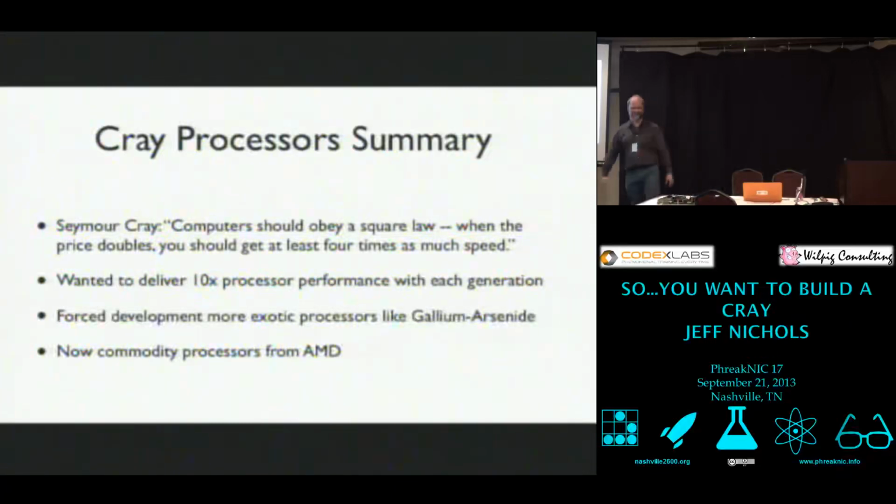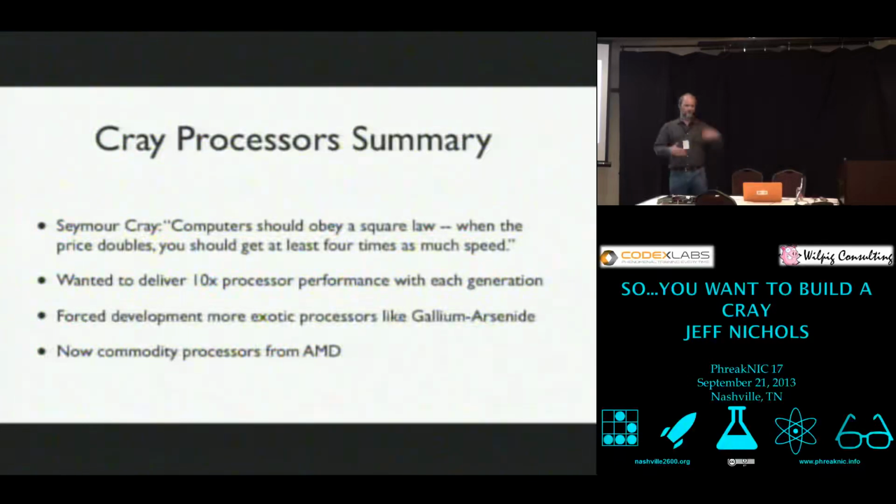He went broke at least 3 times. It's a really interesting history. He's a neat guy, go look up the article on Wikipedia. His drive to deliver that performance forced the company into really exotic research, and so they were the first looking at gallium arsenide, for instance.